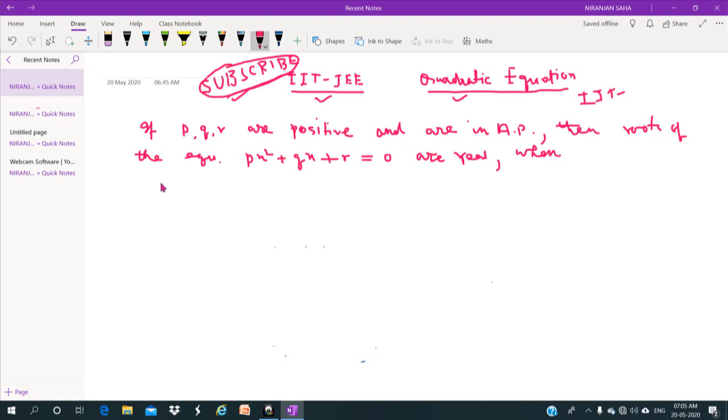there are options. First option: mod of r by p minus 7 is greater than or equal to 4 root 3.